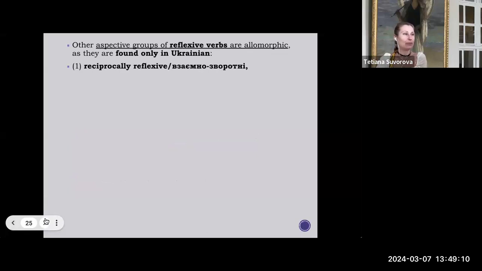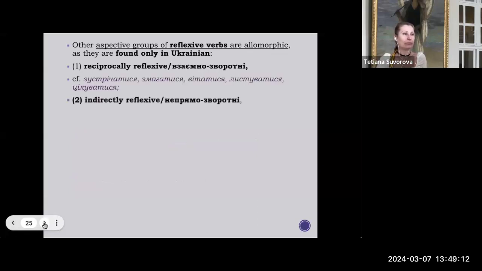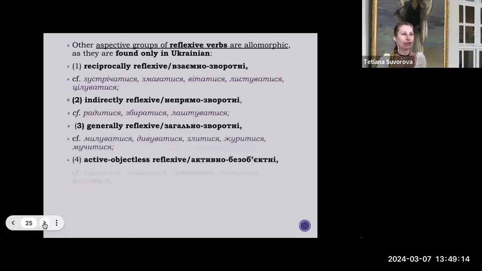Okay, so then here it is about the reflexive verbs in both languages. They are, in fact, not only in Ukrainian. It is mentioned here that they are found only in Ukrainian, expressed by the form of the verb fully. Yes, so we take just the verb, nothing more. In English, wash myself.